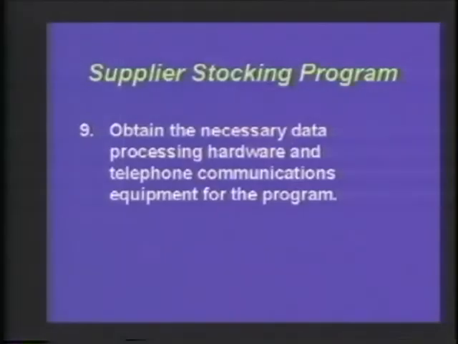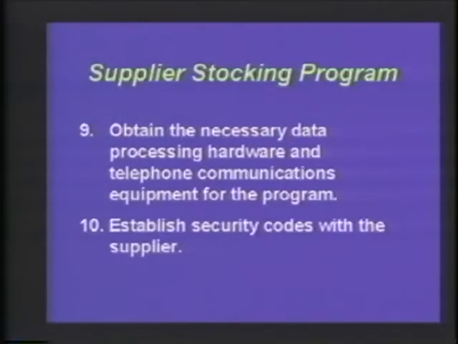And basically what you're doing, that is done by the storeroom, is when items are to be replenished from a particular supplier, you dial up the supplier's phone number, which gives you access directly into the supplier's mainframe. You will be looking at maybe some security codes, which is item number 10.